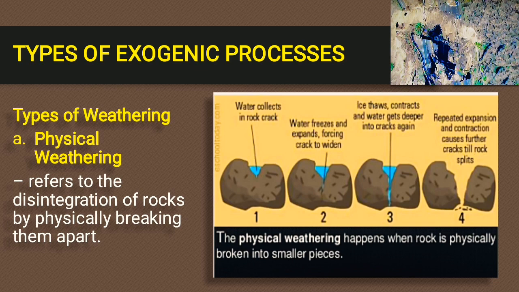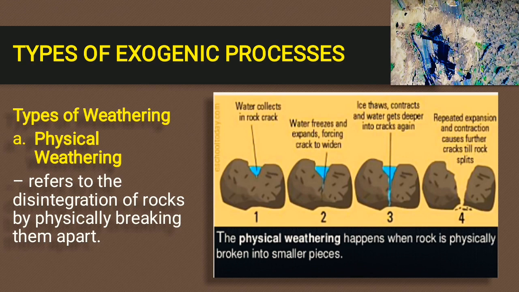Physical weathering, or mechanical weathering, refers to the disintegration and decay of rocks via weather elements such as high temperatures, extreme cold, and freeze-thaw cycles. This picture illustrates physical weathering, which happens when rock is physically broken into smaller pieces.